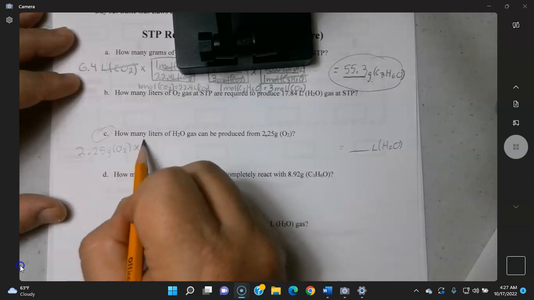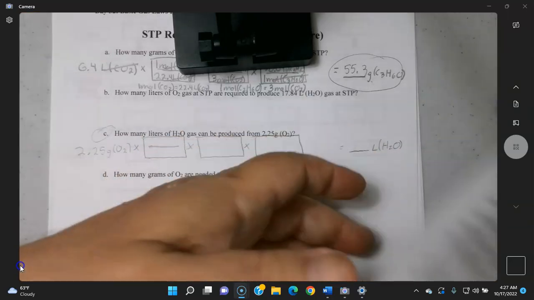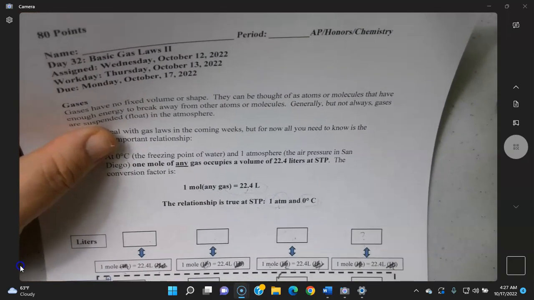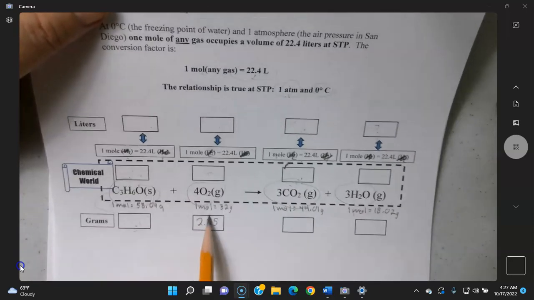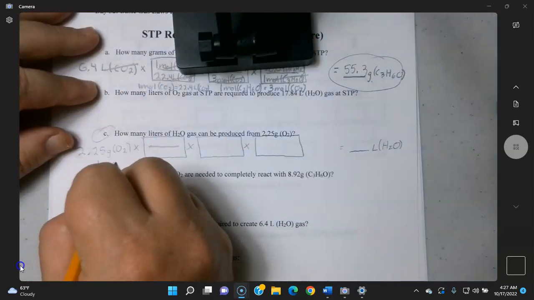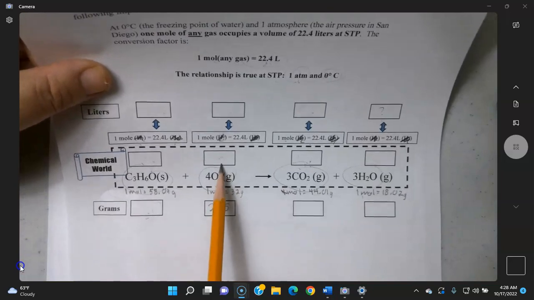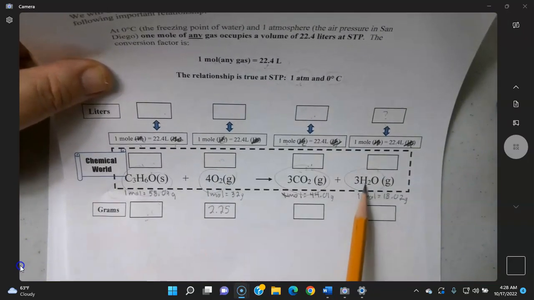It's 3 conversions. First equivalency is the molar mass of oxygen, right there. Now we are in this box right here, in moles of O2, and the equivalency is 4 moles of O2 equals 3 moles of H2O.